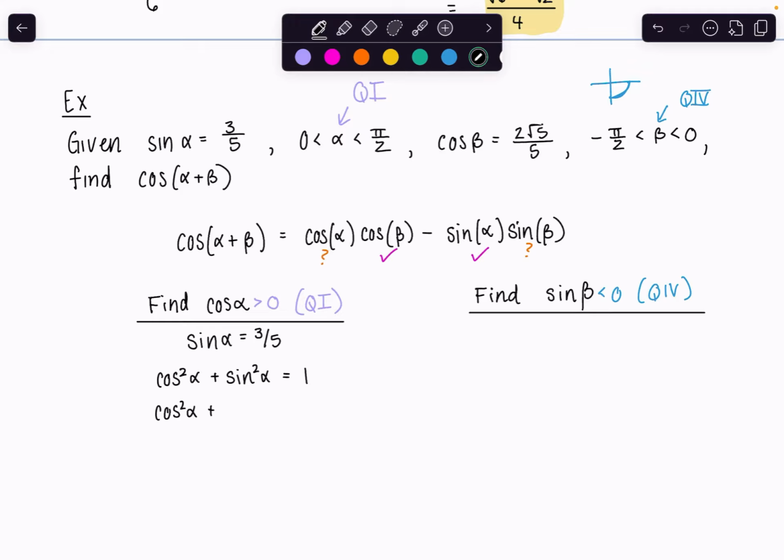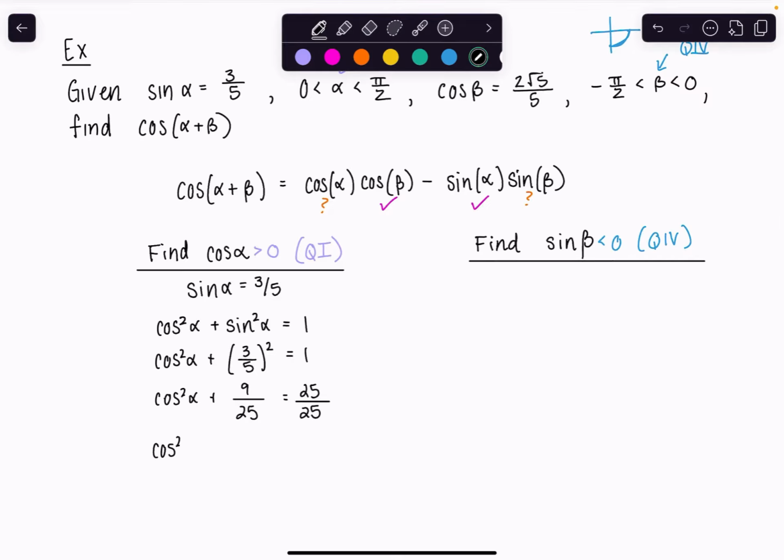And so I know sine of the angle is 3/5. So I'm going to square that. And then I can just solve for cosine alpha. So squaring that out gives us 9 over 25. And that's equal to 1. Just to rewrite that, 1 is 25 over 25. So this way I have the same denominator.